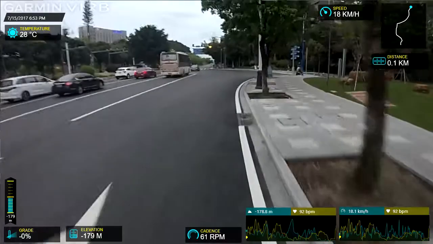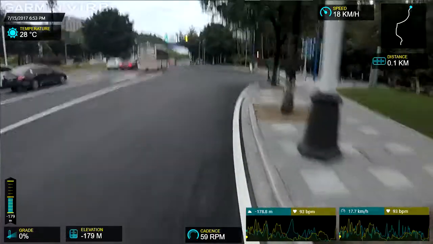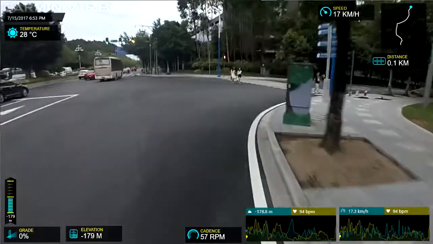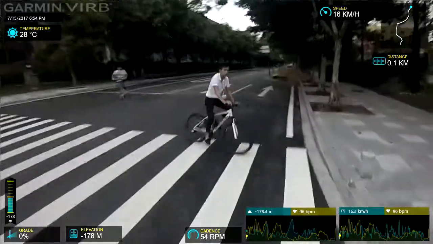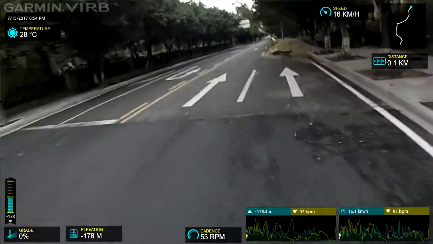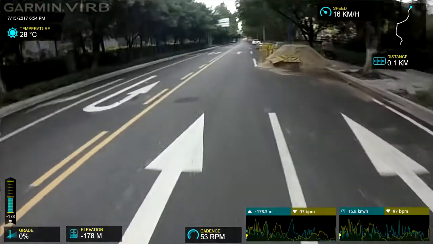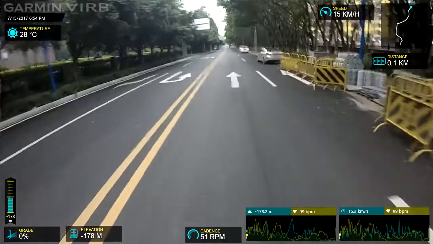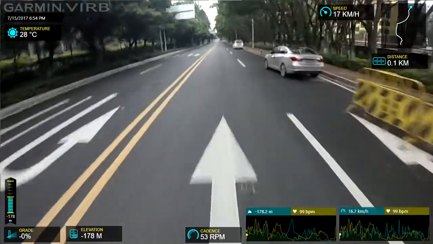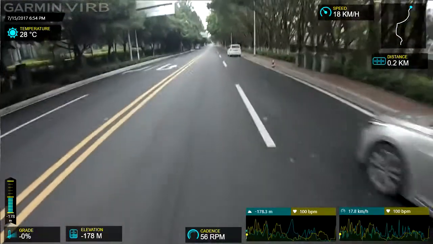Sorry for the low quality, 720 on this. We're not gonna do a larger quality tonight because I want to have enough card space.